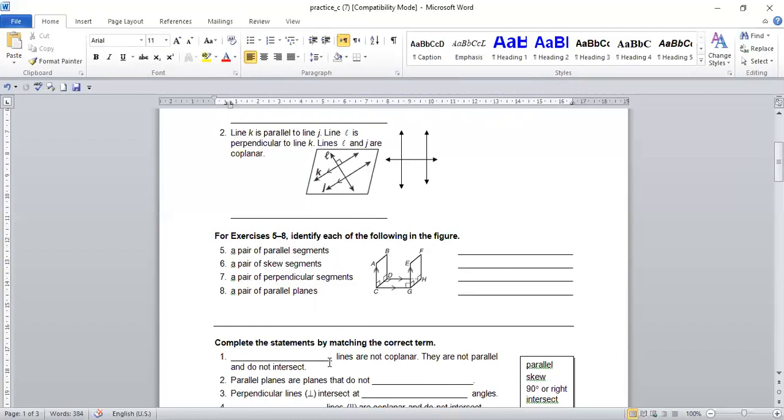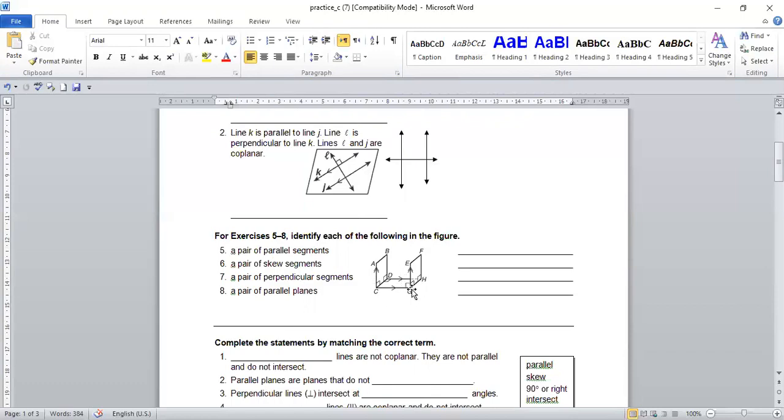Okay, a pair of skew segments. Now skew, I don't know how many of you remember, skew segments are segments which have no relationship between them at all, like one is on one side and the other is on the other. So which can be a pair of skew segments? If I take AC, which line has no relationship at all to A and C?